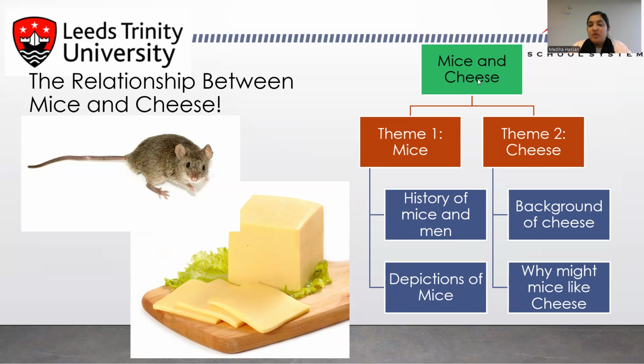In theme two, because our second variable is cheese, we are going to write about the background of cheese and why mice might like cheese. And in the end, I would like to add one more thing: how mice are relevant to cheese and what the differences are.